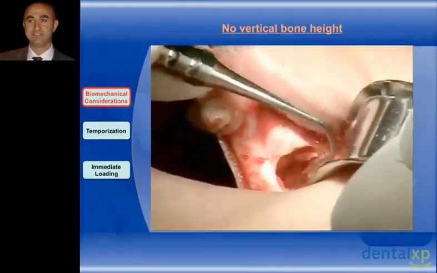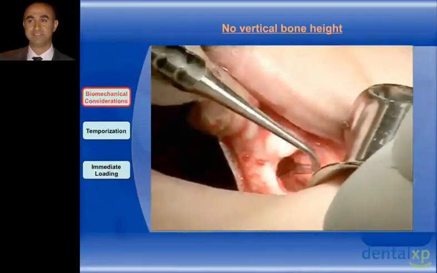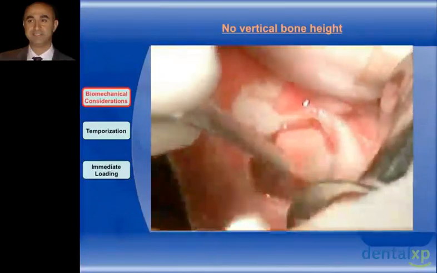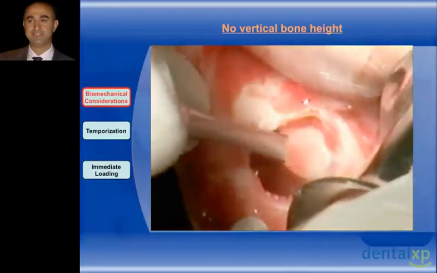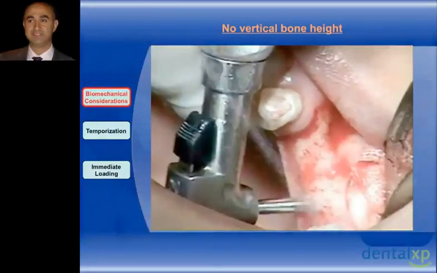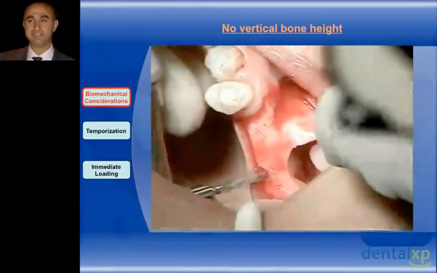By carefully elevating the Schneiderian membrane, and you can see the bony window, which becomes the new floor of the sinus, I keep it attached, and then by drilling into the crest of the ridge, you can even start to feel the bone quality.